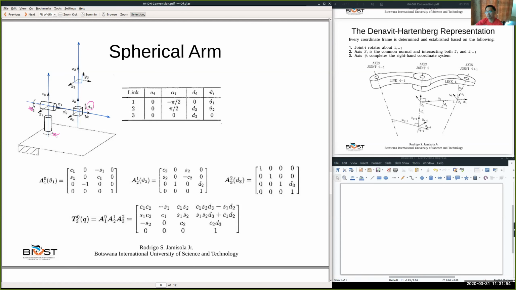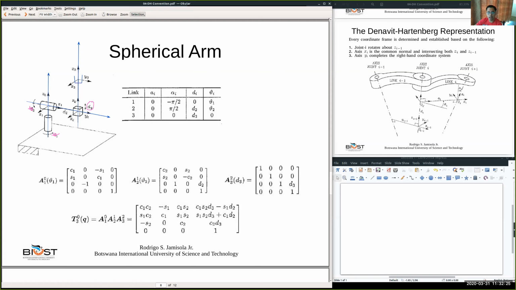Now, as we mentioned before, we can arbitrarily set Z0, X0, the origin of the base frame, to be somewhere. Let's do the exercise of choosing my Z0, X0 to be somewhere else.